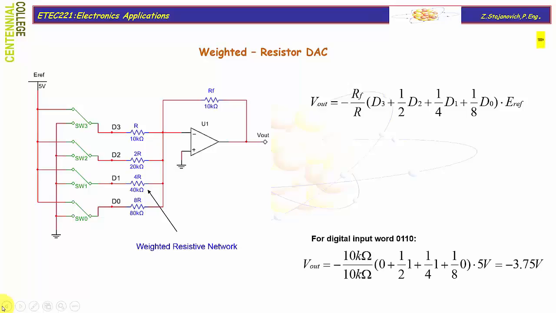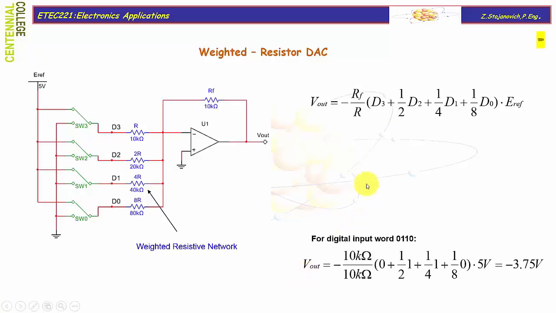One can tell right away that the D0 rung, when switched to EREF, will make the smallest contribution to output voltage, while the most significant bit rung contributes the most. Therefore, contributions are weighted depending on bit position. The main disadvantage of this rather simple DAC is the selection of binary distributed resistors, especially in case of high resolution.